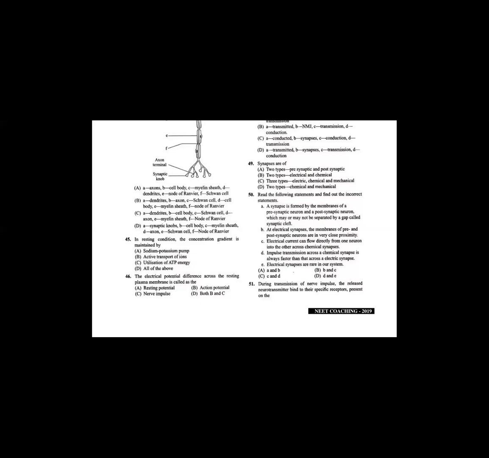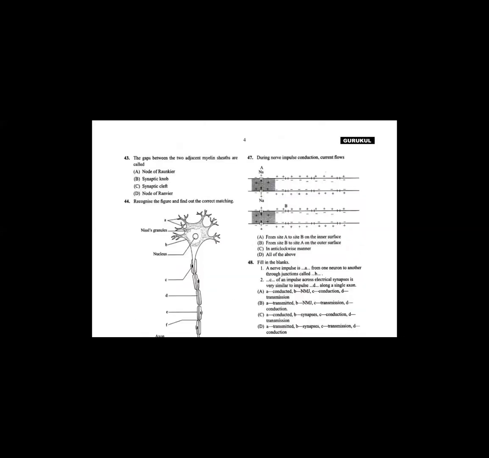Now question number 47: during neuro impulse conduction, current flows. So this is an NCERT diagram again, students. We know that the stimulation will alter the ion gated channels on the exoplasm, that straight line which we call the axolemma. Before that they will be closed, maintaining the ionic concentration, outer side positively charged, inner side negatively charged.